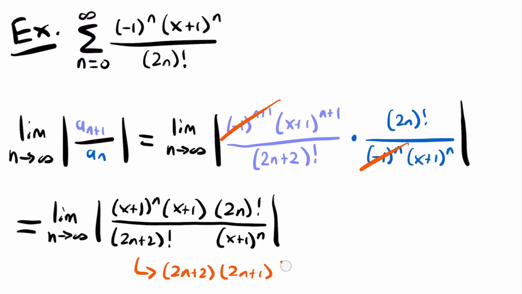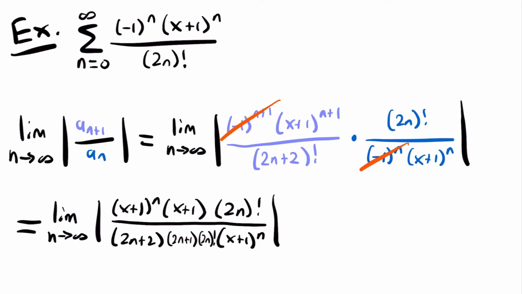So if we extend it one more term, we would multiply by 2n factorial, right? We just decrease this value by 1 each time and tag on that factorial at the end of the last value. All right, so we can rewrite this to be these three values, and so I'll do that. We will have 2n plus 2 times 2n plus 1 times 2n factorial.